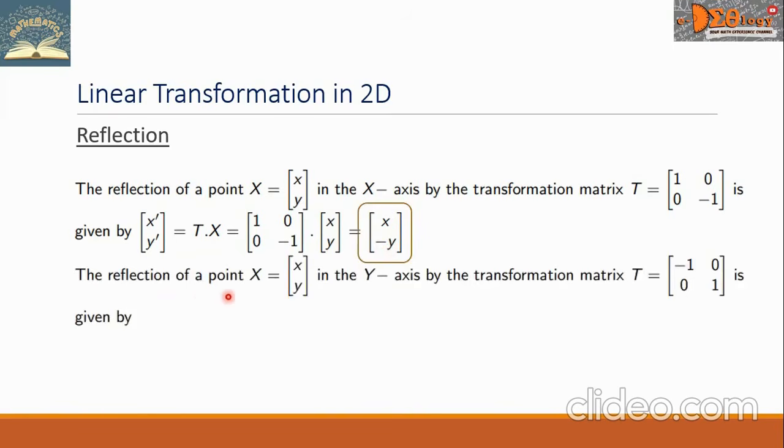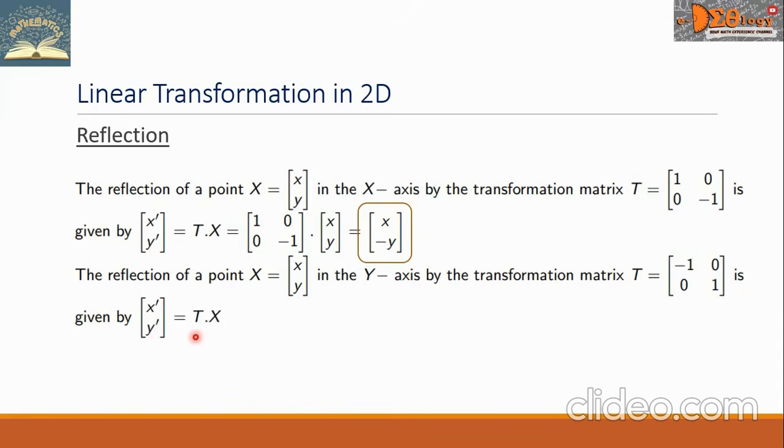The reflection of a point X equals the column matrix x, y in the y-axis by the transformation matrix T equals the 2 by 2 matrix with elements negative 1, 0, 0, 1 is given by the new point x prime, y prime respectively.